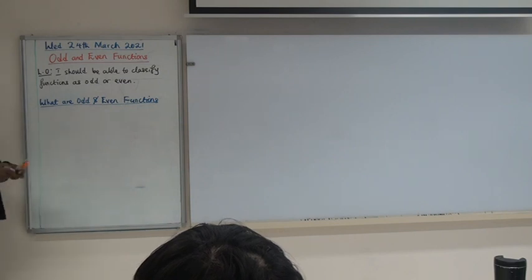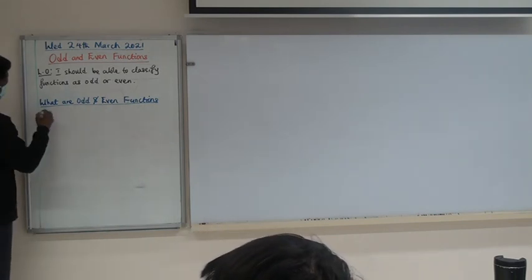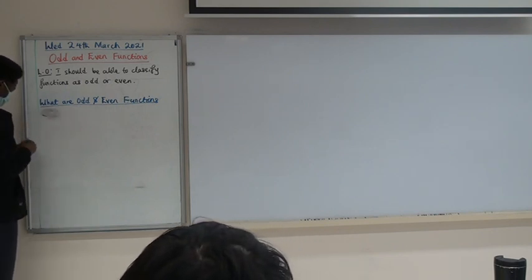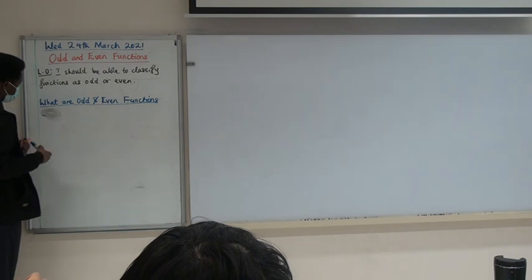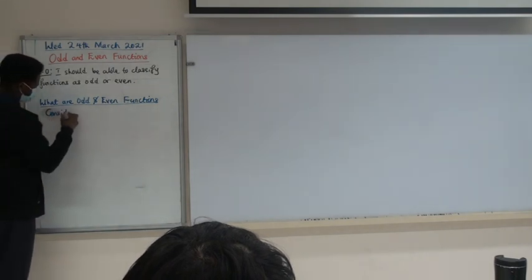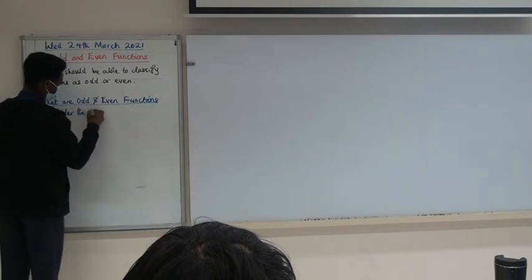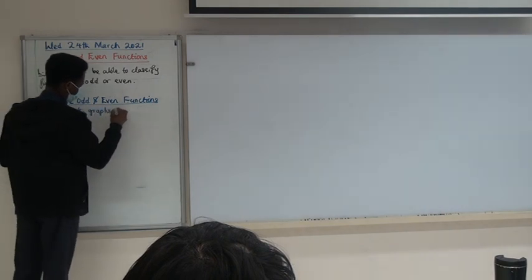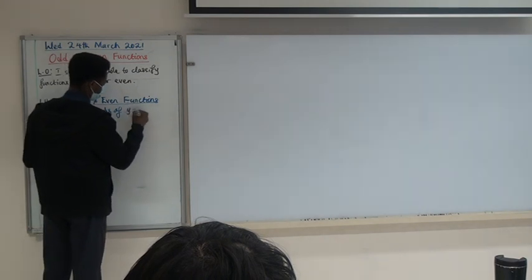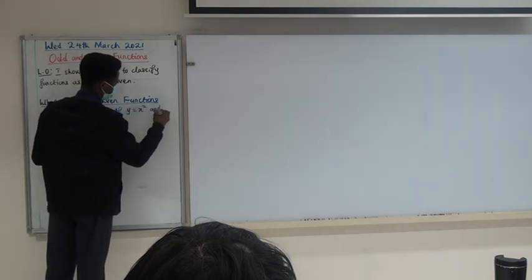You've just done quadratics, so it's easy to play with the graph of x squared. Now, let's consider the graphs of y equals x squared and y equals x cubed.